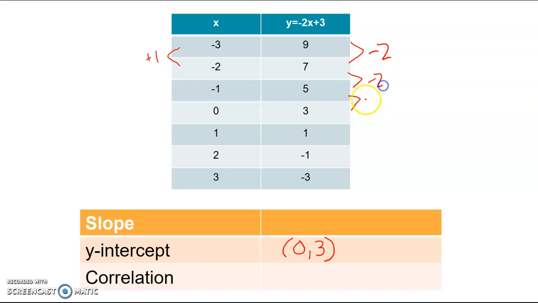Look, every time. So every time I go up 1, I go down 2. So my rise is -2 over +1, which is -2. So my slope is -2, and because my slope is negative, the correlation is also going to be negative.